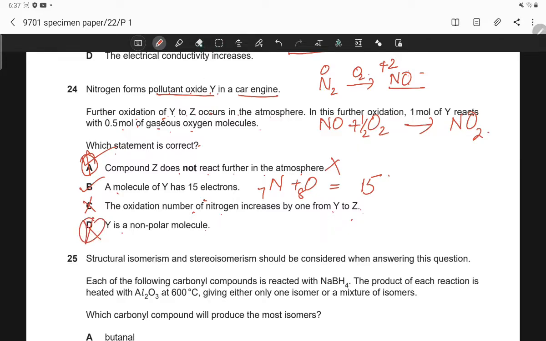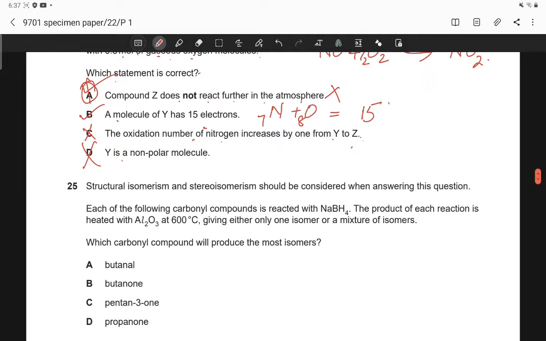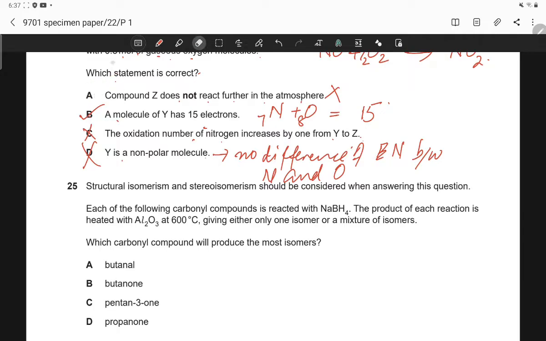This is correct. The other option is incorrect. Because there is no difference of electronegativity between nitrogen and oxygen, that's why it is non-polar. So the correct option is B.